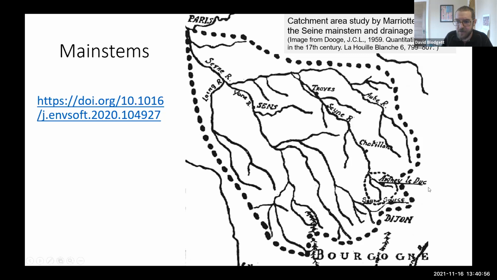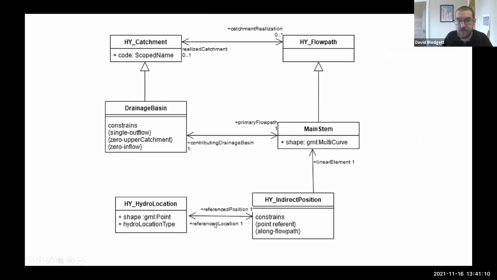This Mainstems paper was a lot of work. Hopefully it's useful. It's fairly dense, but has a lot of examples and digs into these details and these concepts pretty carefully. And at its core, this is what it says.